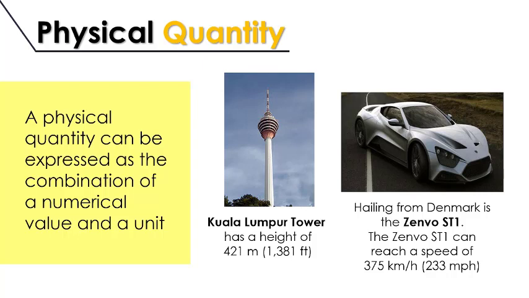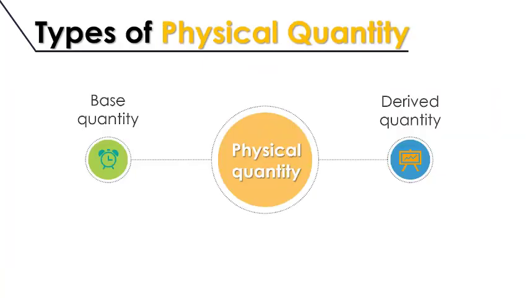Now, let us discuss types of physical quantity. There are two types of physical quantities. First, basic quantity. Second, derived quantity. Let us discuss in detail both types of quantity.